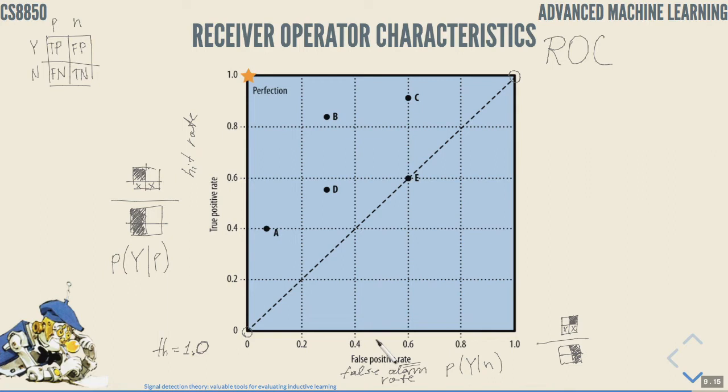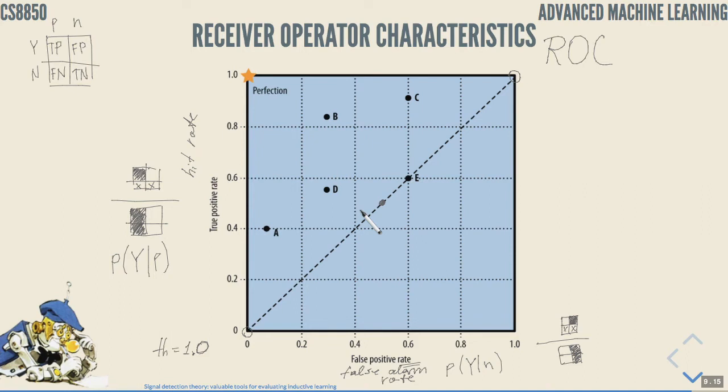So imagine a random classifier, right? A classifier that takes a sample and flips a coin, with 50% chance it assigns positive versus negative. This random classifier will end up here, because it will be correct 50% of the time for the true positive rate, and the same for the false positive rate.